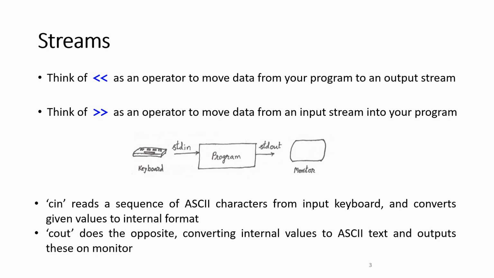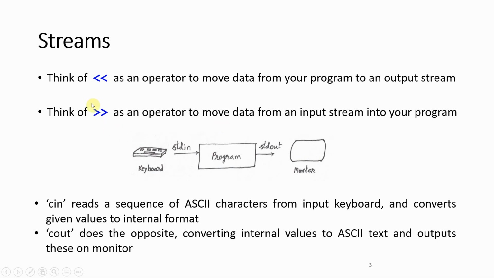So think of these two operators. I call it the insertion operator, an operator to move data from your program to an output stream, in that case the monitor. When you use the insertion operator, you're basically inserting something from your program into an output stream.